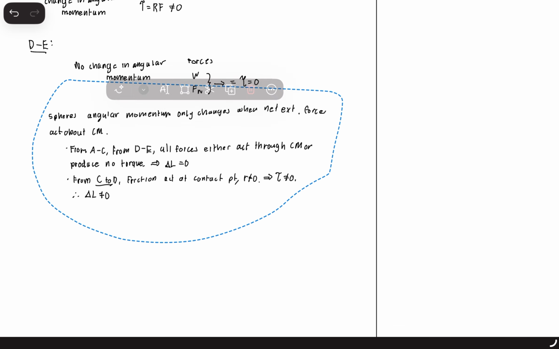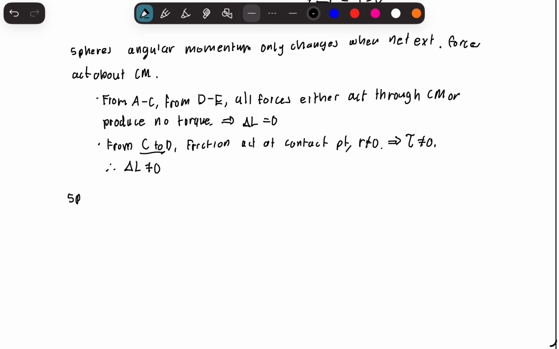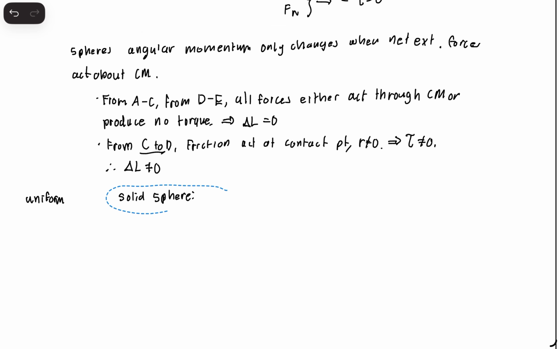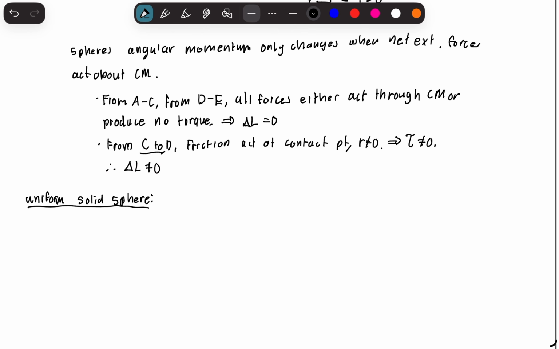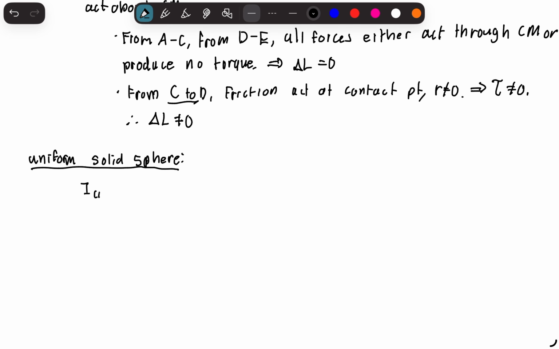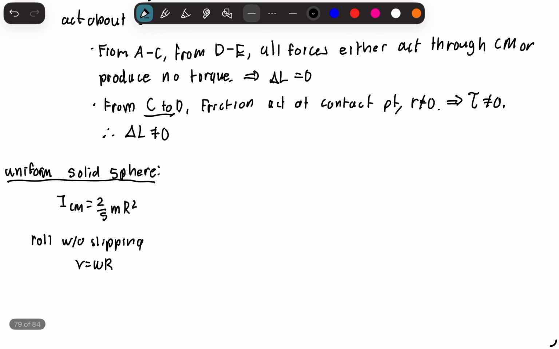For a sphere, which we had in this case, if it's a uniform solid sphere, the inertia about the center of mass is 2/5 mass times the radius squared. And the rolling without slipping condition is V is equal to omega times R.